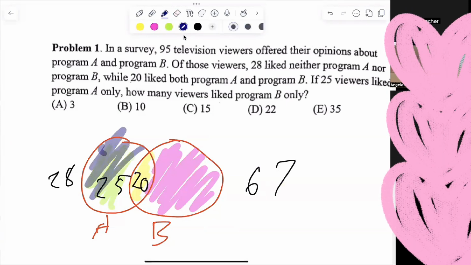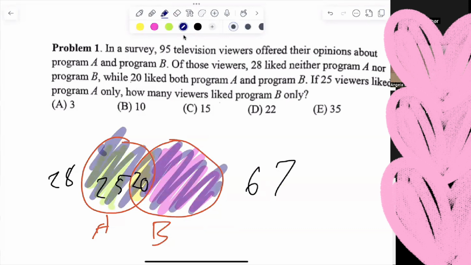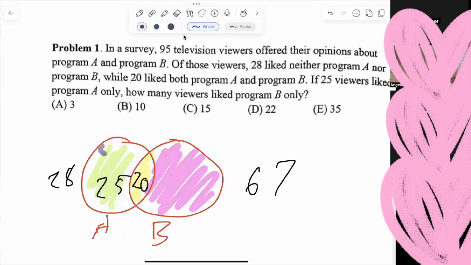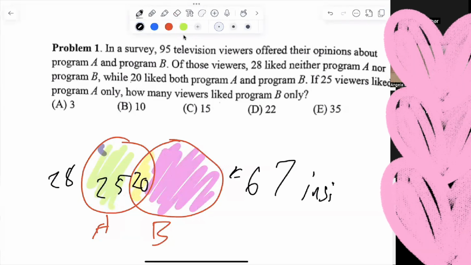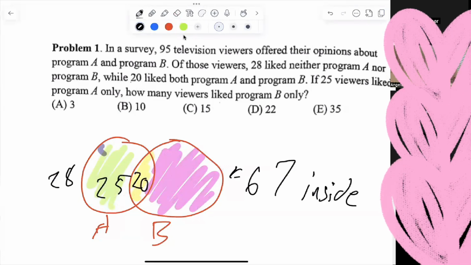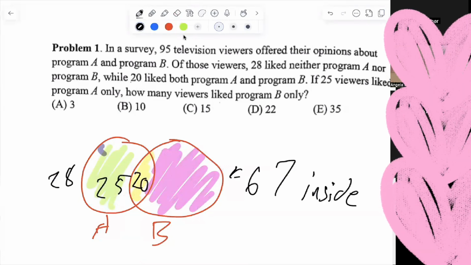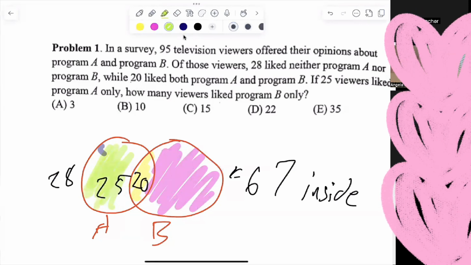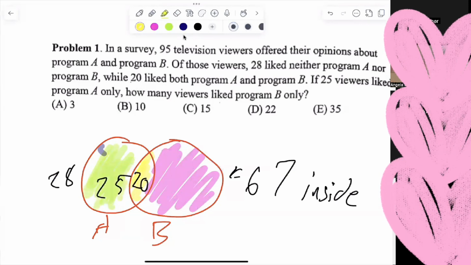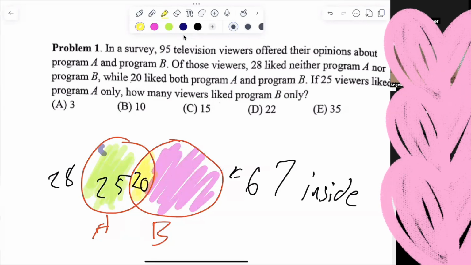Shaded in this area. Right? Now, I'm gonna say inside. Now since there's 67 inside, and we found one area, which is the green area, is 25. We know the yellow area is 20. All that's left is the pink area.